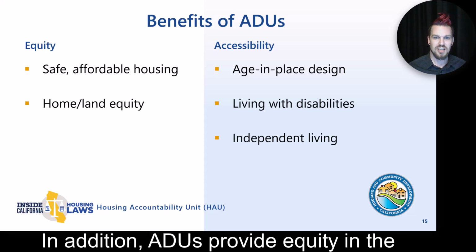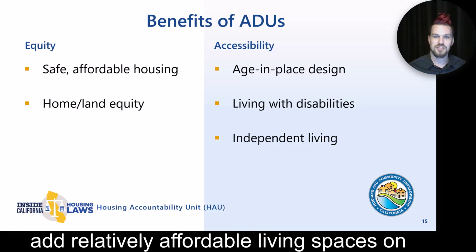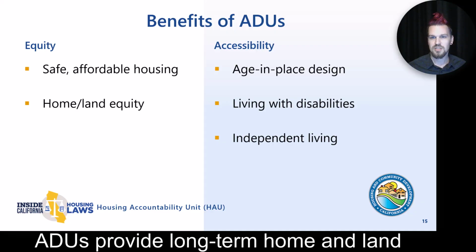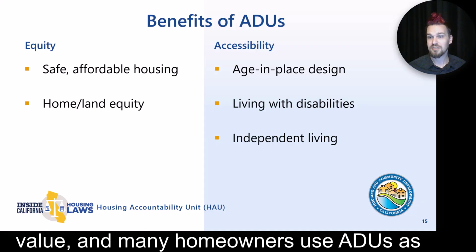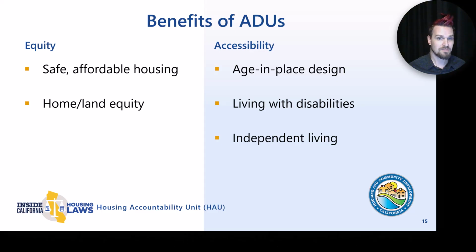In addition, ADUs provide equity in the financial sense in that their homeowners can add relatively affordable living spaces on their property. ADUs provide long-term home and land value, and many homeowners use ADUs as an extra source of income by renting them out as well.